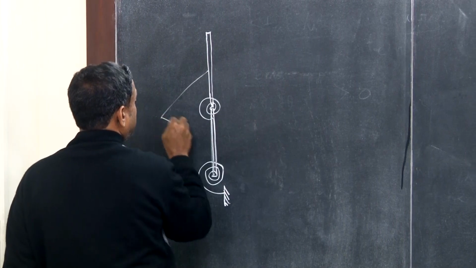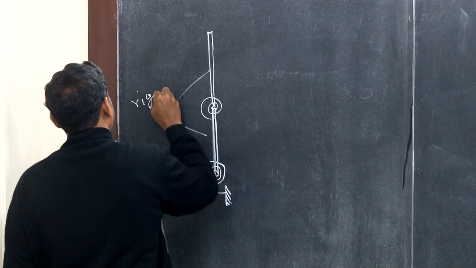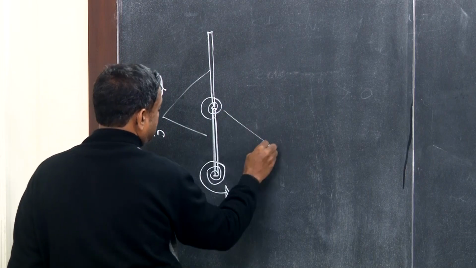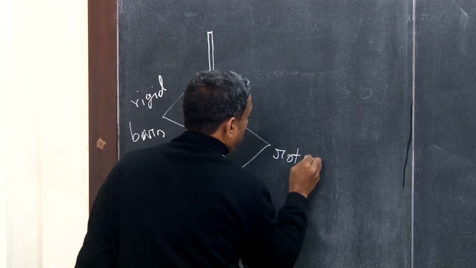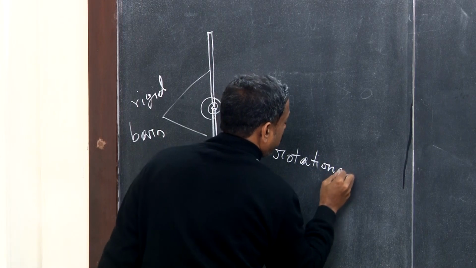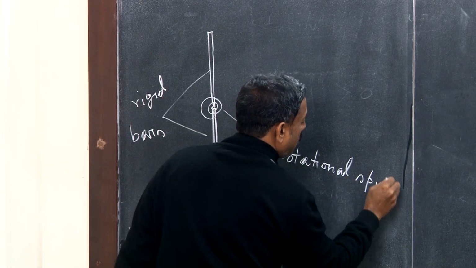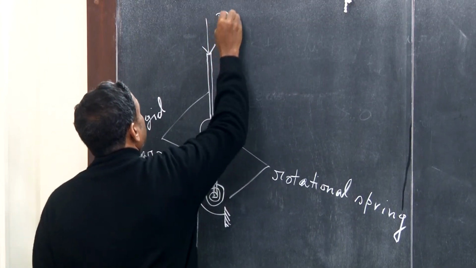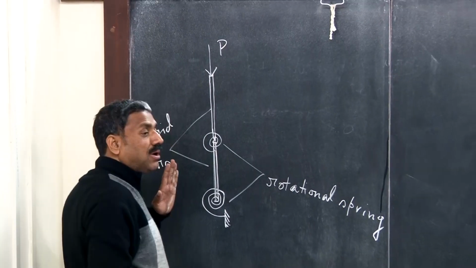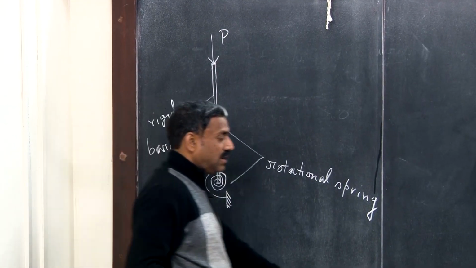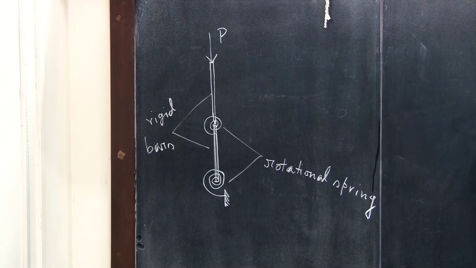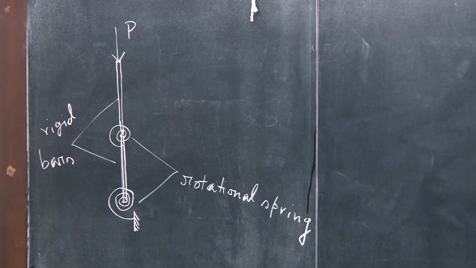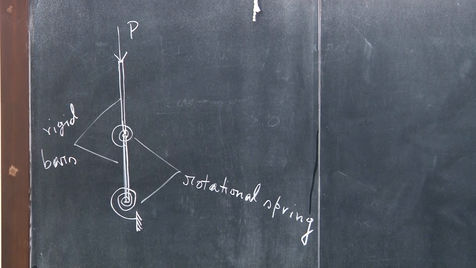These are all rigid bars, and these are rotational springs. Rotational springs exert a moment on application of rotation, and the system is subjected to some axial load P, and we are asked to study the stability of this system. So the concept will be illustrated with respect to that simple toy problem.